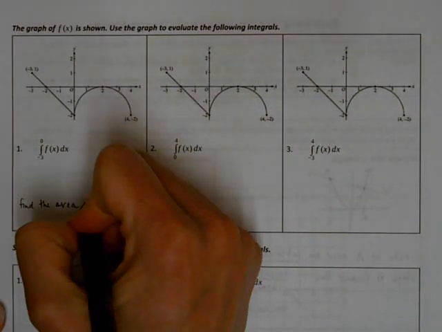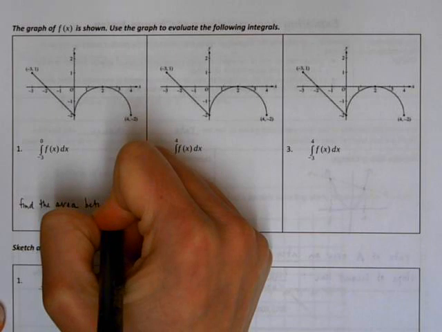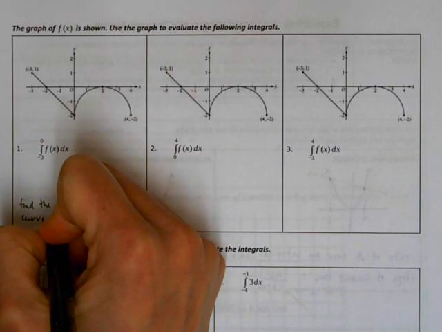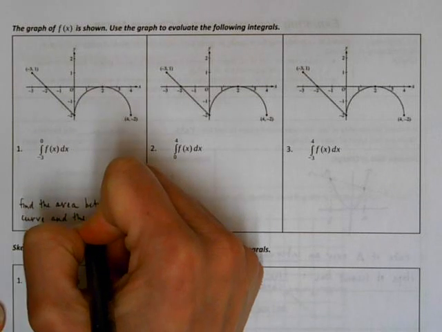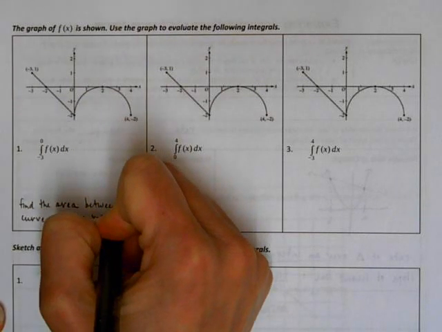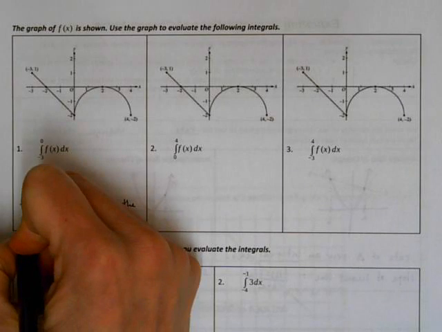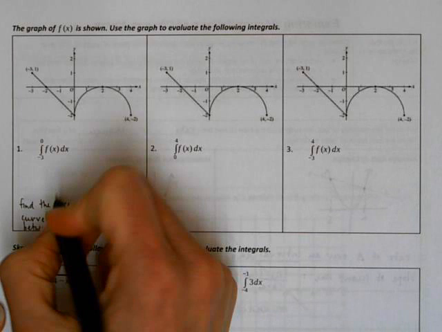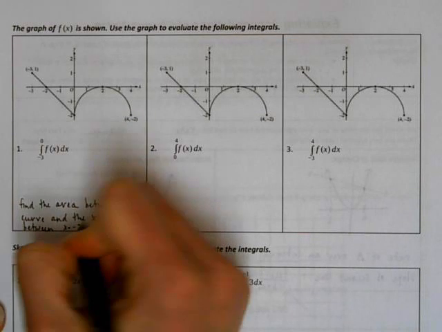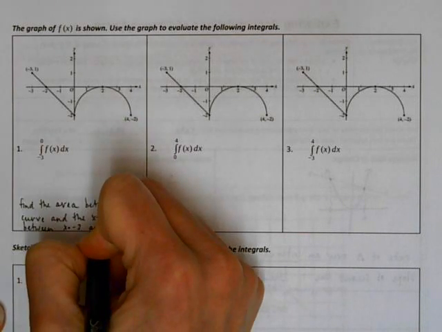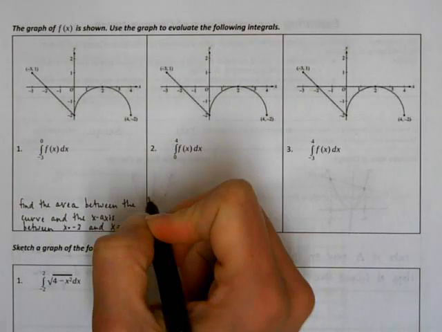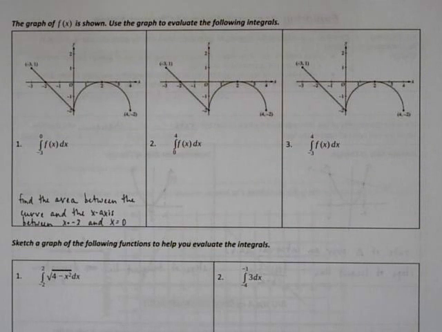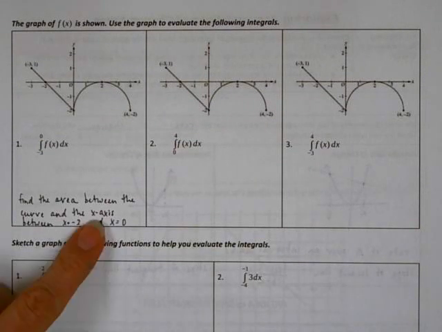We're going to find the area between the curve and the x-axis between my starting point x equals -3 and my stopping point x equals 0. So find the area between the curve and the x-axis between x equals -3 and x equals 0.